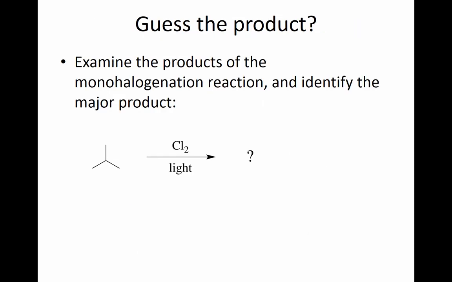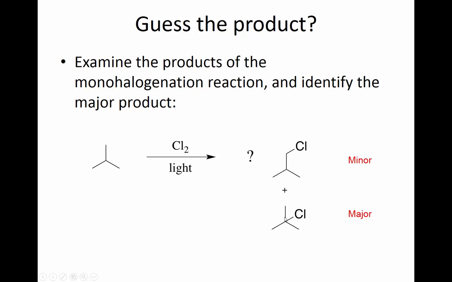Okay, so we can guess the product here. We can examine the products of this monohalogenation reaction and identify the major product. So what could we get here? We could either get a chlorine on the end, this is a methyl group, chlorine on the end. Or we could get a chlorine in the center. The answer is that this is the more highly substituted, the more stable.